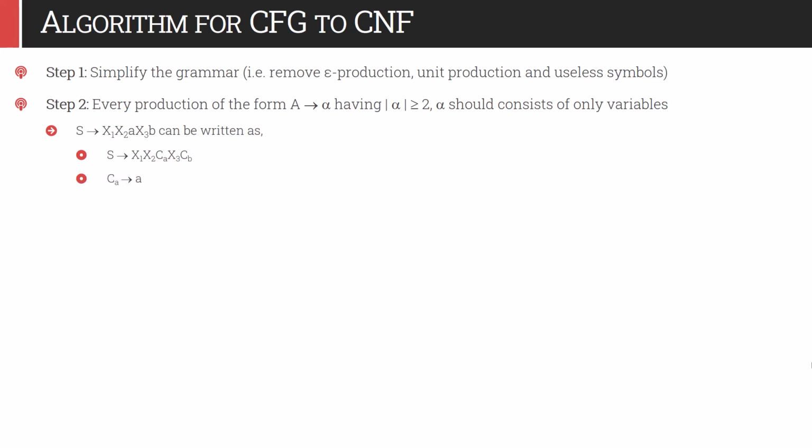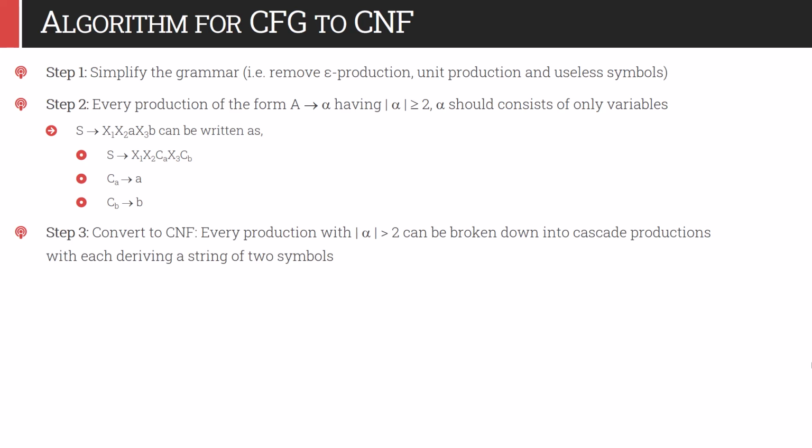And we will add productions CA derives a, CB derives b. So now on the right hand side of capital S, all symbols are non-terminals, or variables, or capital letters, right? And that will satisfy one of the conditions for CNF. So remember, whenever the length of alpha is greater than or equal to 2, simply replace all terminals by some non-terminal and introduce new productions for all those converted terminals.